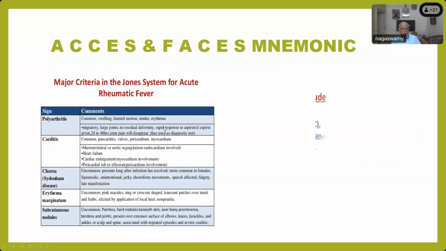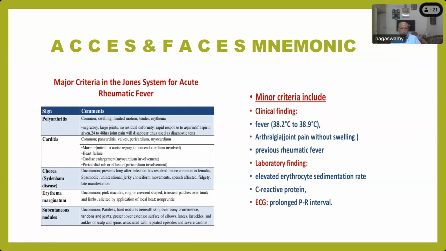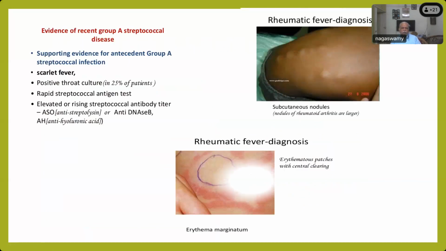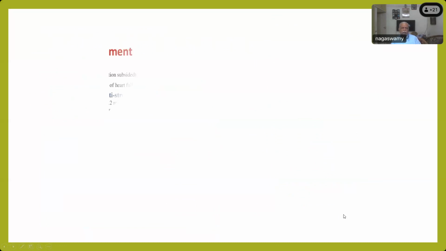And the minor criteria are fever, arthralgia, C-reactive protein, erythrocyte sedimentation rate elevation, and ECG prolongation. All these things are the minor criteria, and the patient may have, though these are very rare, the subcutaneous nodules and the palmar erythema.